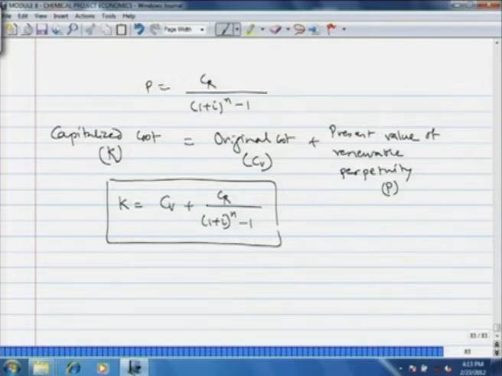Now there are certain other considerations also used for replacement of the equipment that we shall see now.